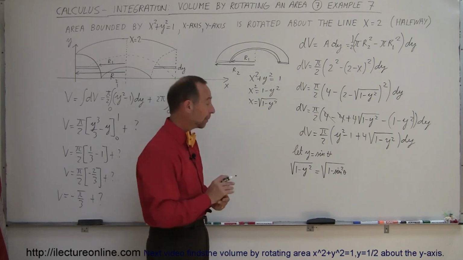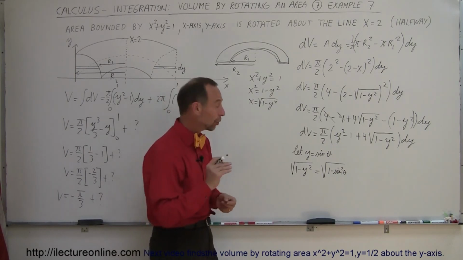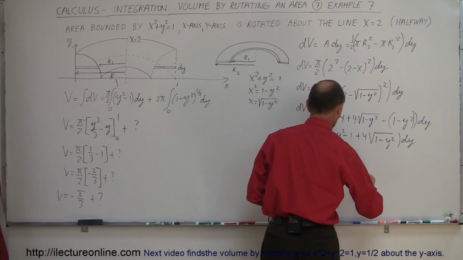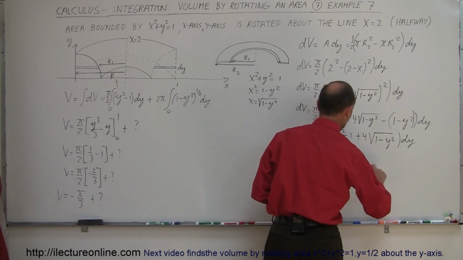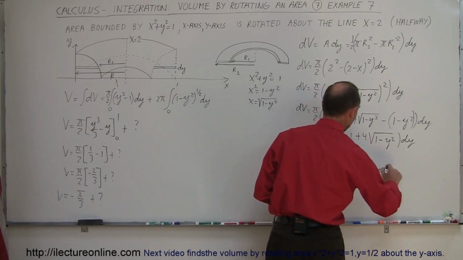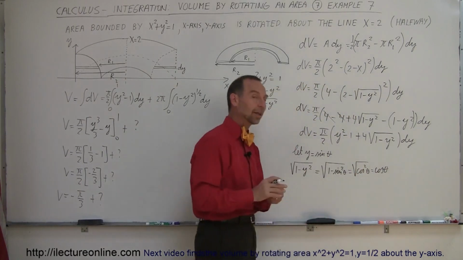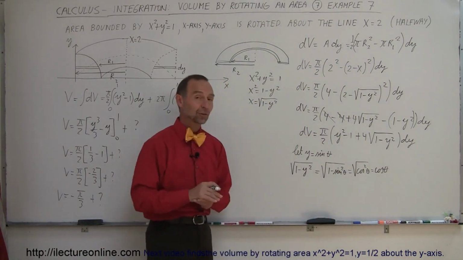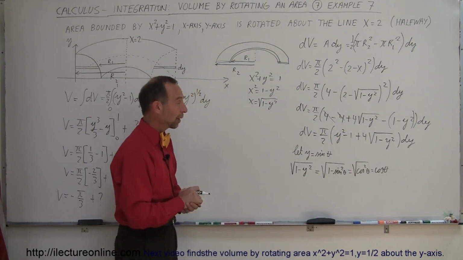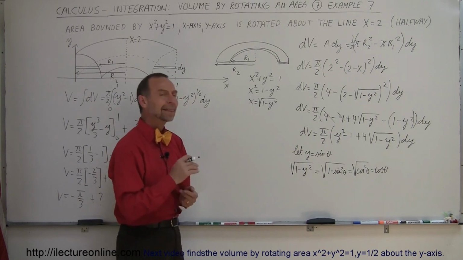And that should ring a bell, because 1 minus sine squared theta is equal to cosine squared theta. So that's the square root of cosine squared of theta, which is cosine of theta. All right, that looks a whole lot better to integrate than the square root of 1 minus y squared. But now we need a d theta.